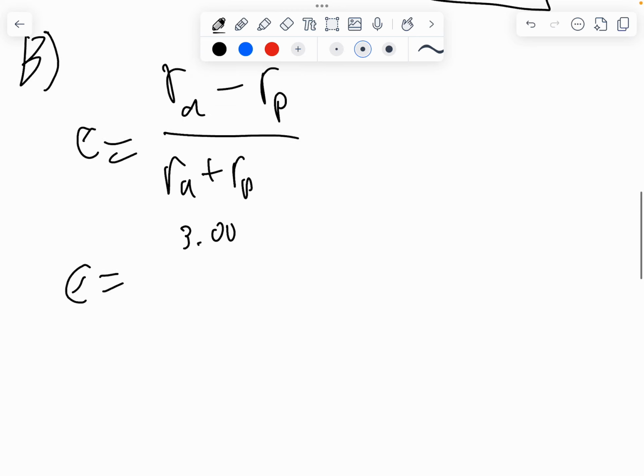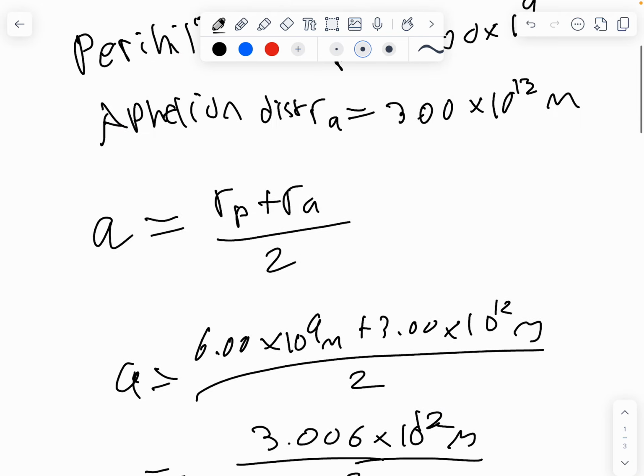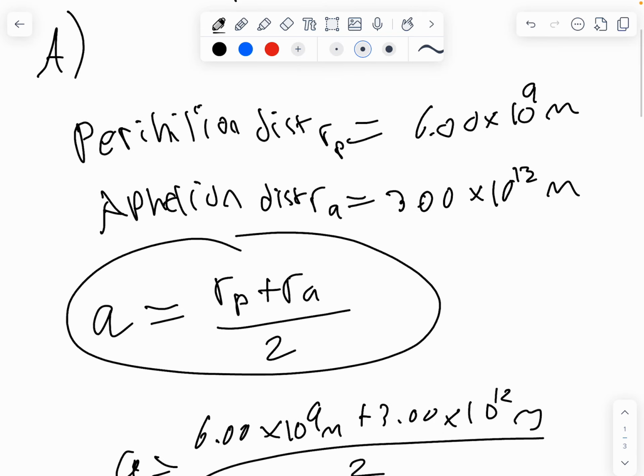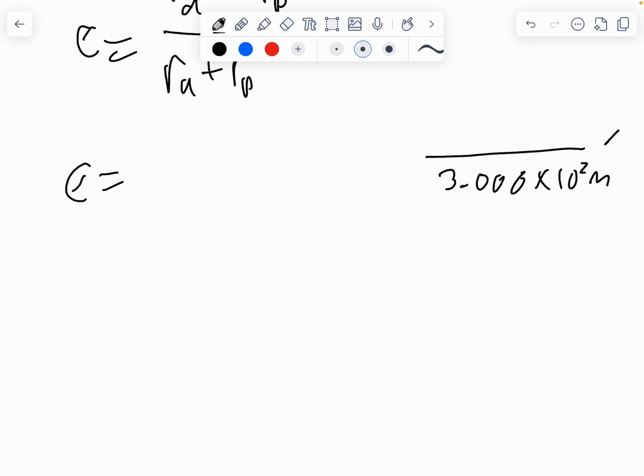Since we do know this one from the earlier question, I am just going to save us the time here and make it over that. So I know the bottom is going to be 3.006 times 10 to the 12 meters, but we're going to find out the other one.